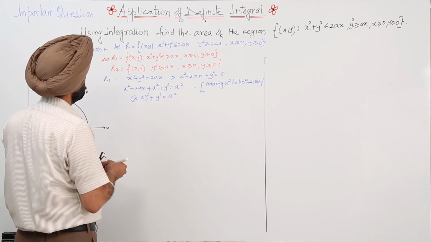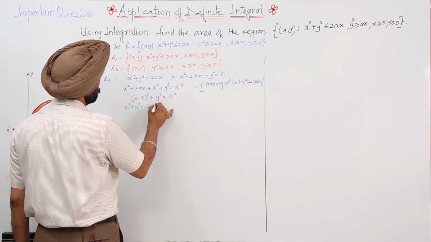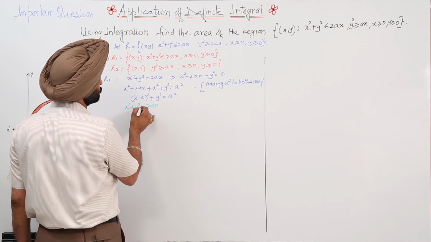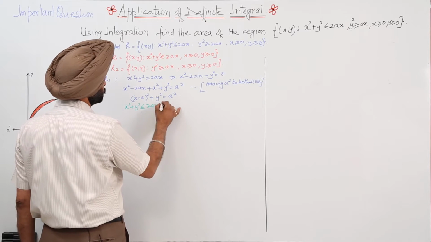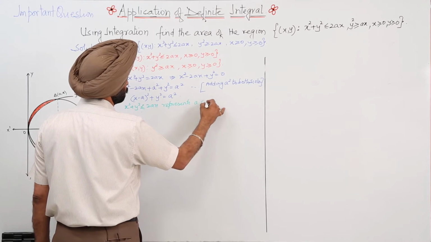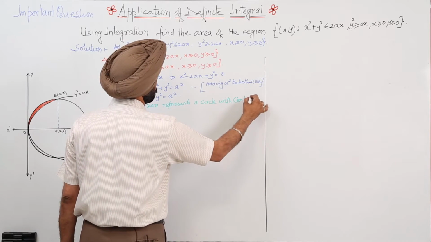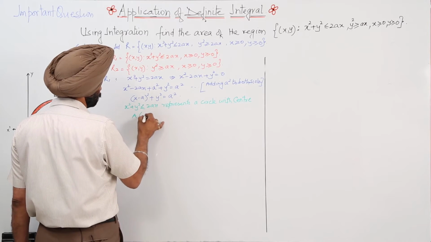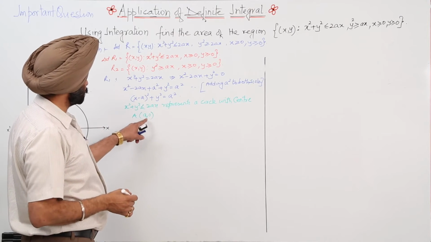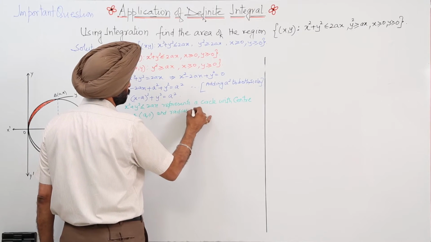Now x² + y² ≤ 2ax represents a circle with center (a, 0) and radius equal to a.